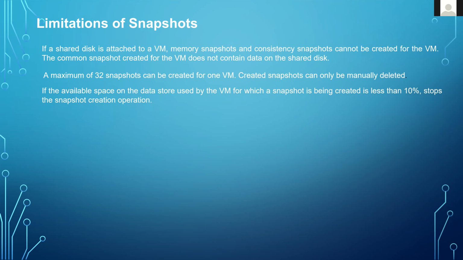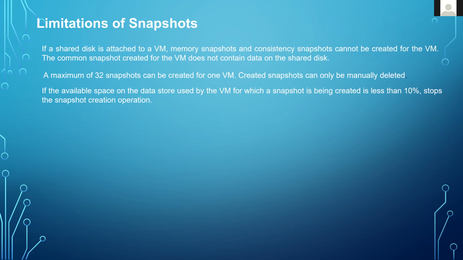Okay, this is very important. If you have a data store where the VM resides, you must have more than 10% of the space available to take a snapshot. If you have less than 10% of space available on the same data store, your snapshot will fail, and you will be stuck, and maybe you can get some serious errors.